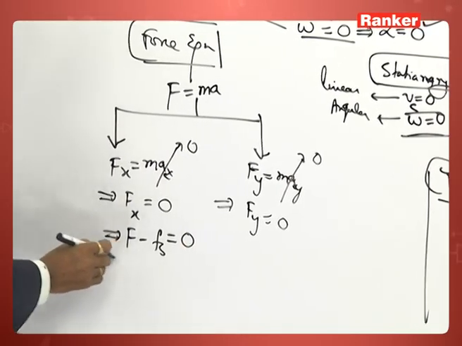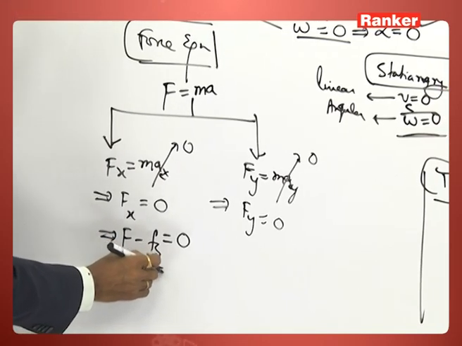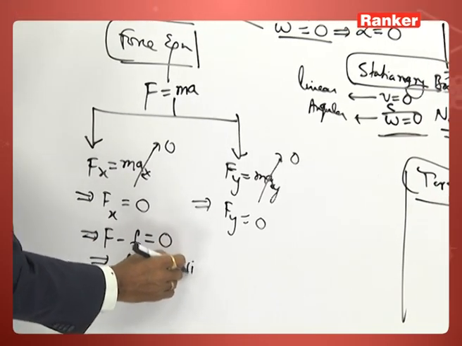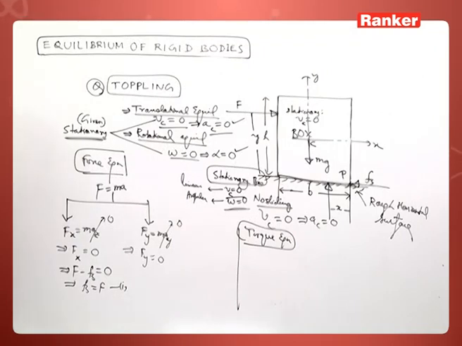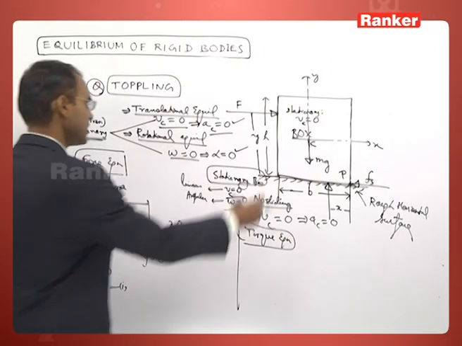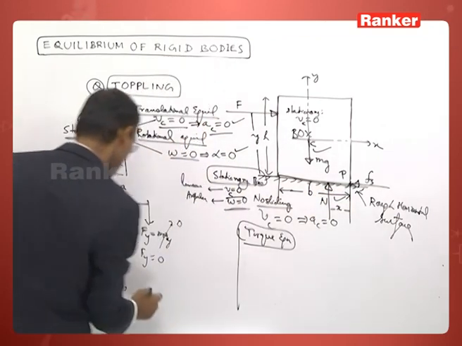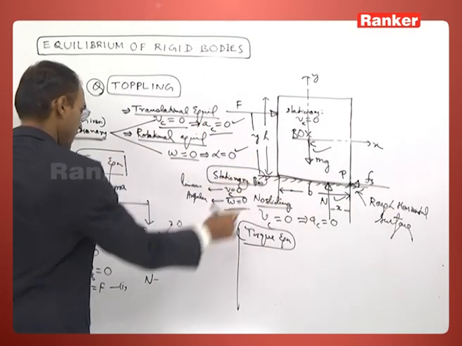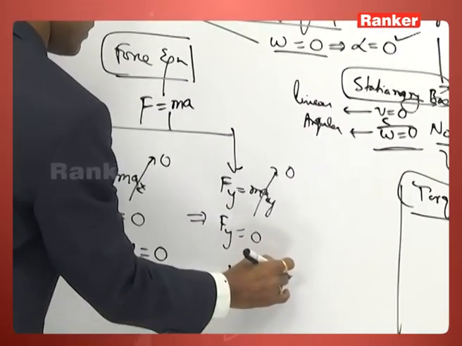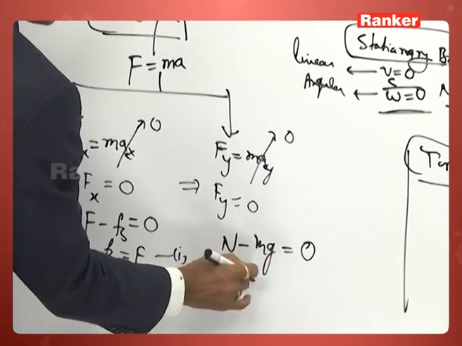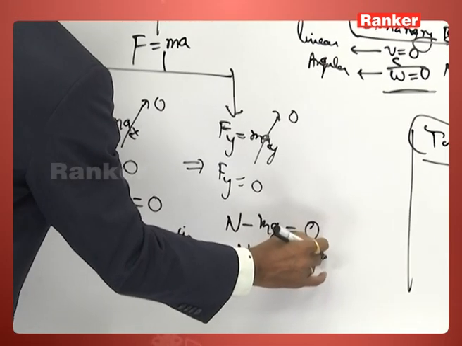So we will get the frictional force is equal to the applied force. Equation number 1. Along y direction, we have two forces. Normal reaction up and mg down, minus j cap. So N is equal to mg. That is equation number 2.